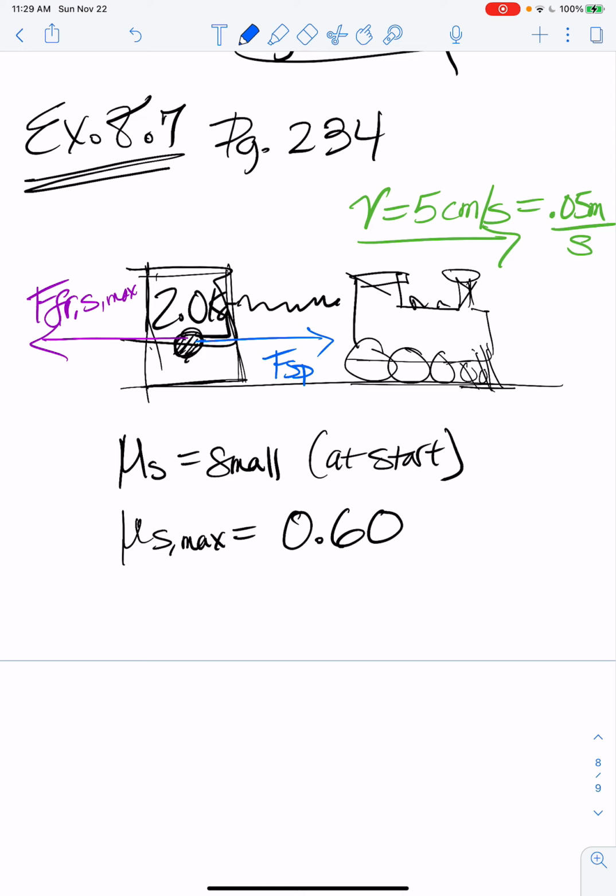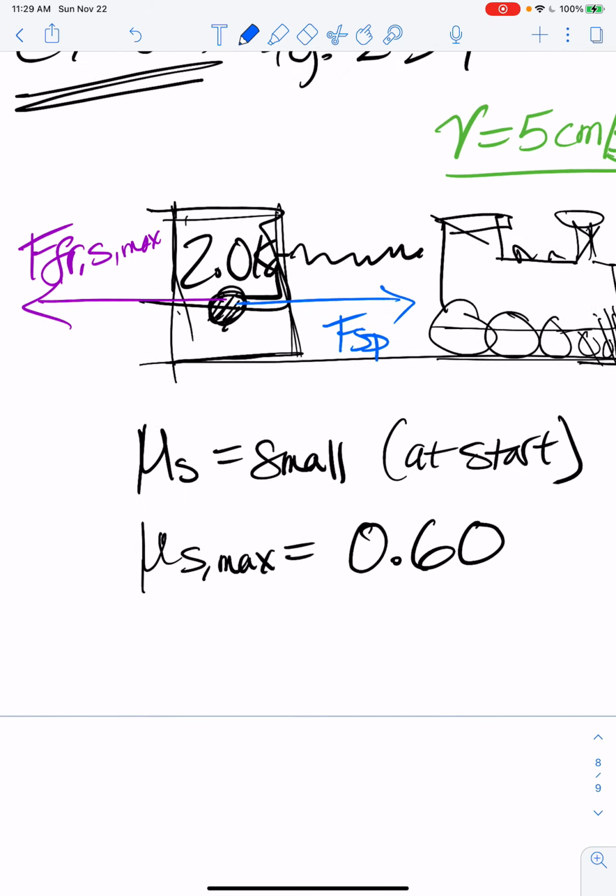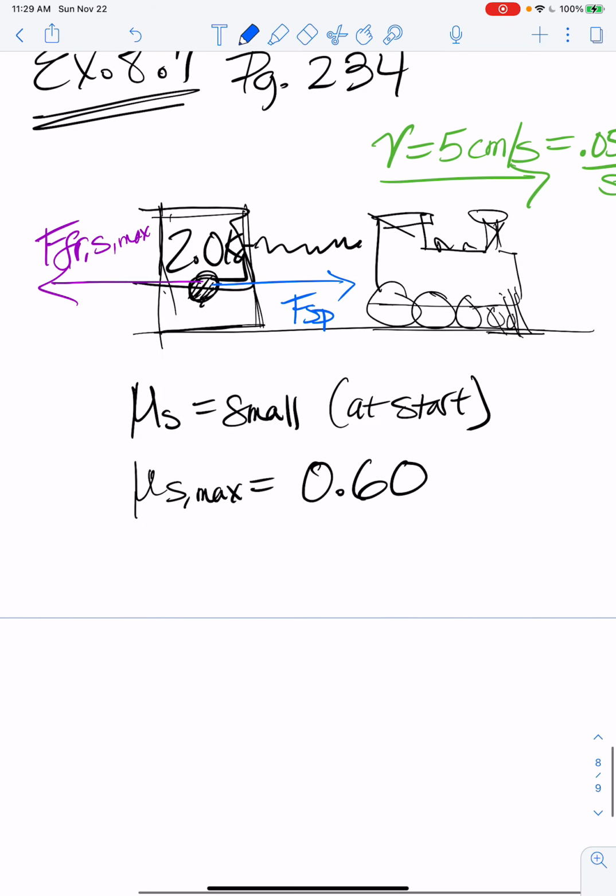So as this train moves right, the spring tries to pull the train left, but we care about the mass, and therefore the force spring on the mass is going to pull right, and those are going to be Newton's third law pairs, the force spring on the train and the force spring on the mass. Okay. All right. Equal and opposite on different objects. Okay. So I think that works.